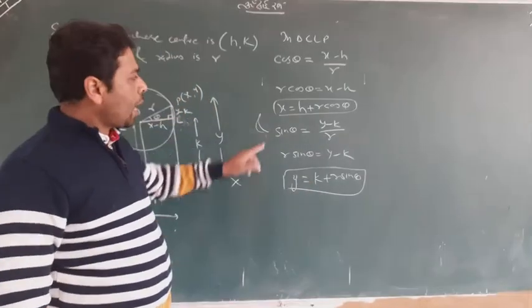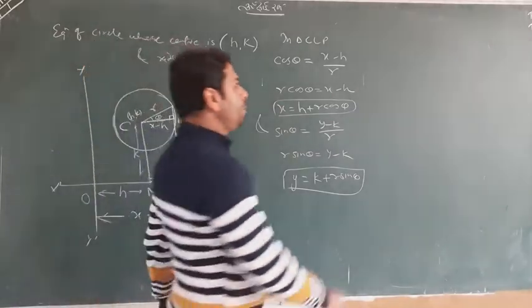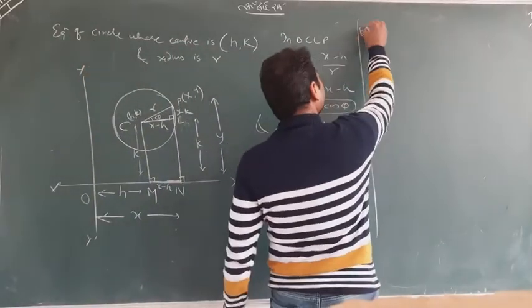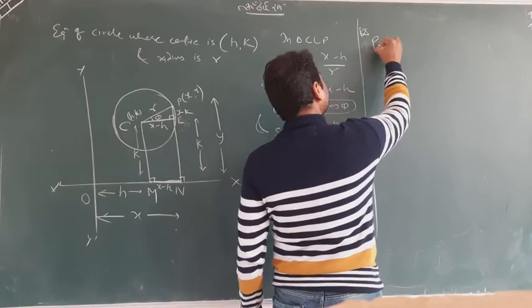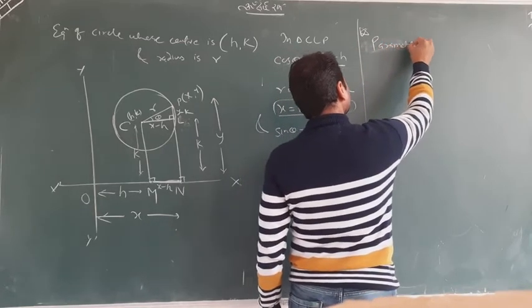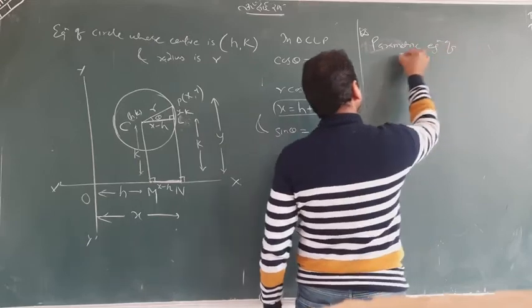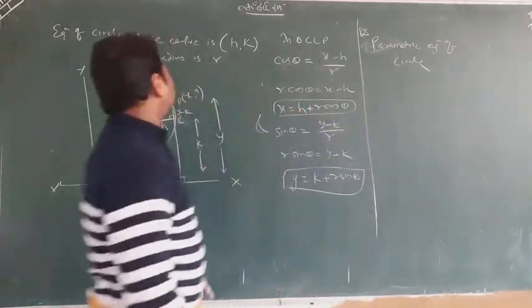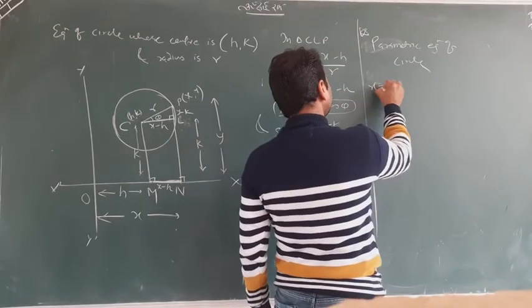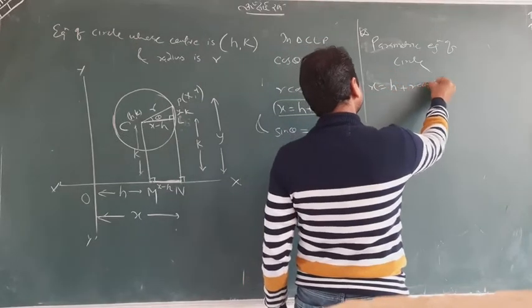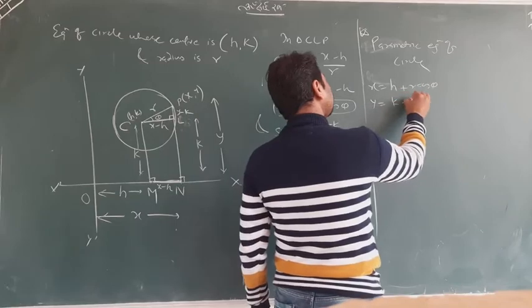So I have got these two, and you have already understood what I am going to say. Actually these two together are the parametric equation of a circle when its center is (h, k) and radius is r. So the answer is x equal to h plus r cos theta, y equal to k plus r sin theta.